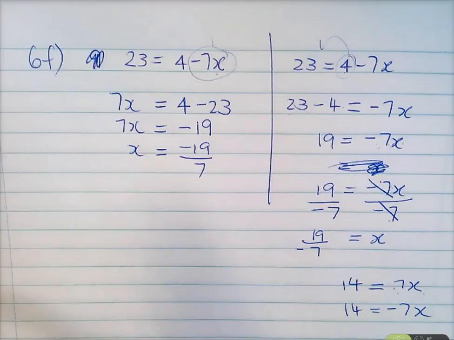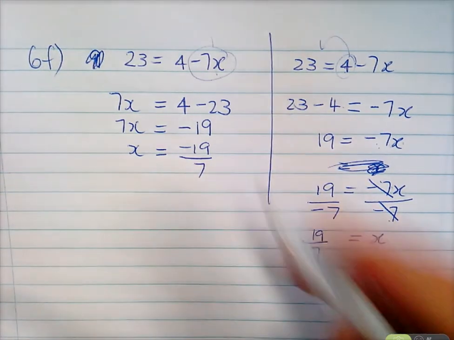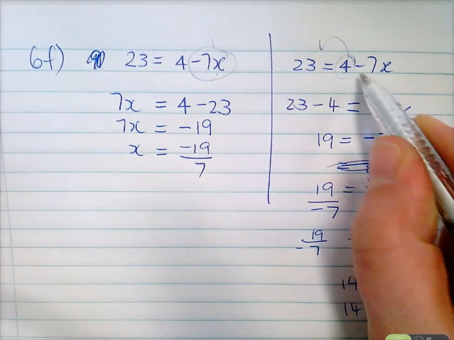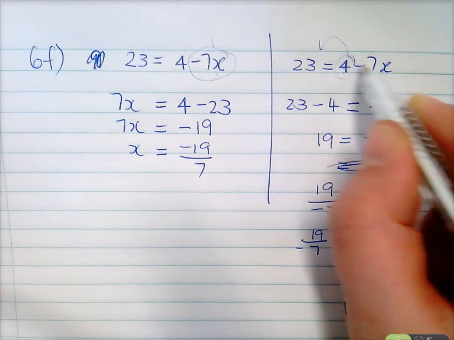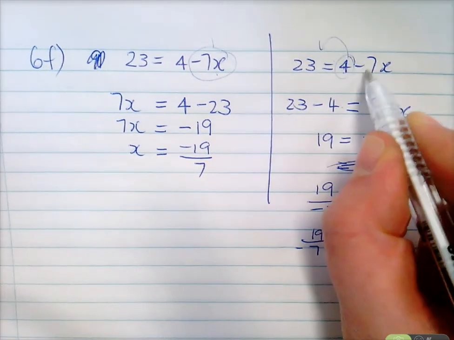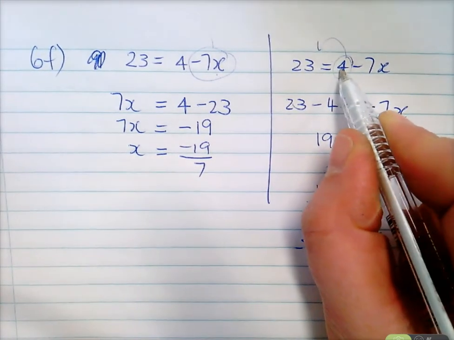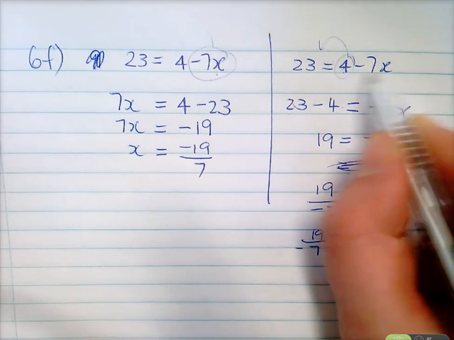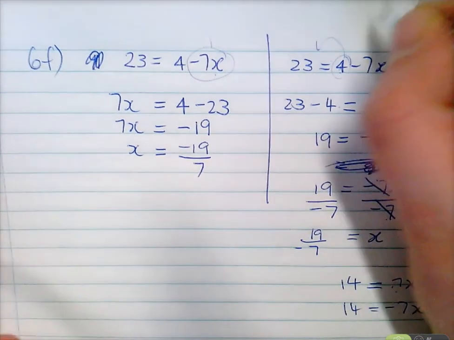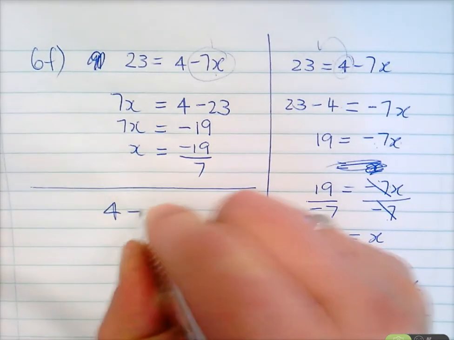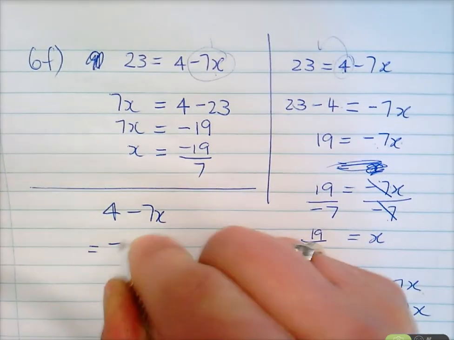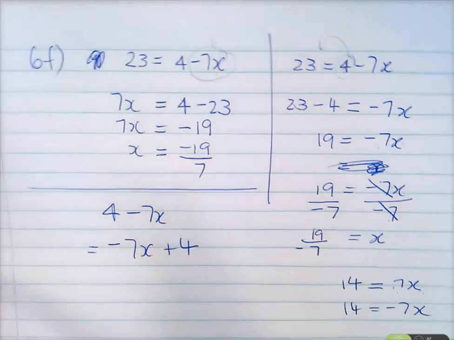I know, I'm confused between plus and minus and positive and negative. So, if I want to take, for example, this 4 to the other side, this 4 is not attached. I know you think this 4 is attached to the 7x with a minus, but 4 minus 7x is the same as -7x plus 4.